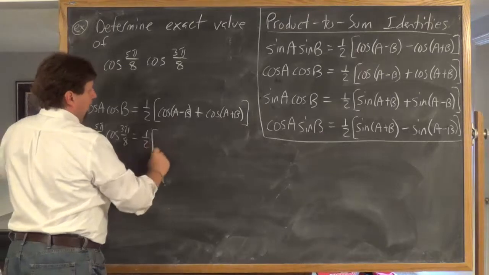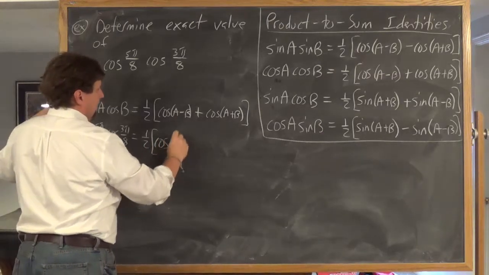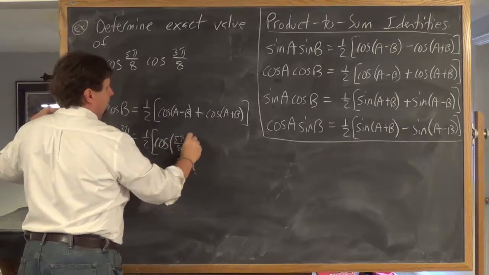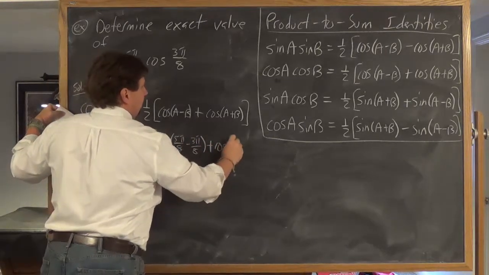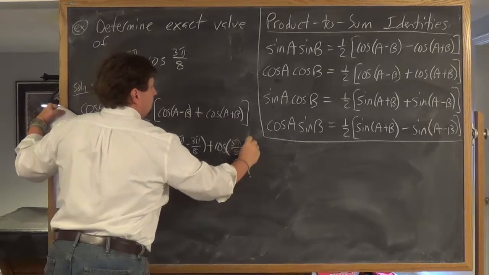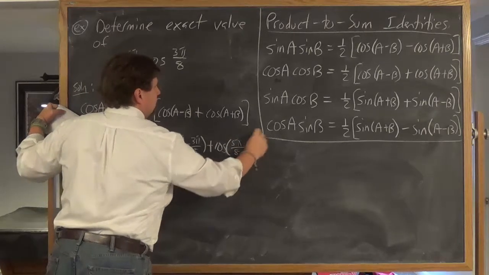So that gives me 1/2 cosine 5 pi over 8 minus 3 pi over 8 plus cosine 5 pi over 8 plus 3 pi over 8.